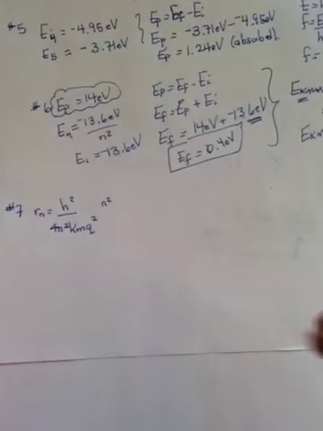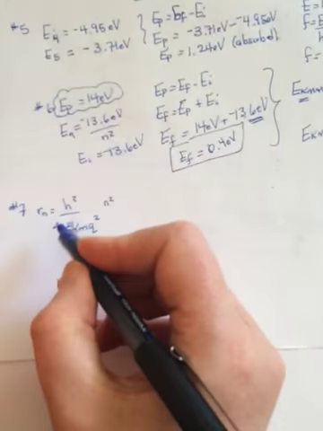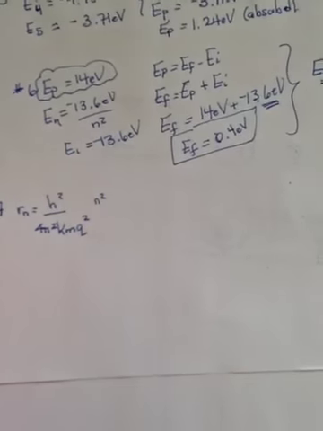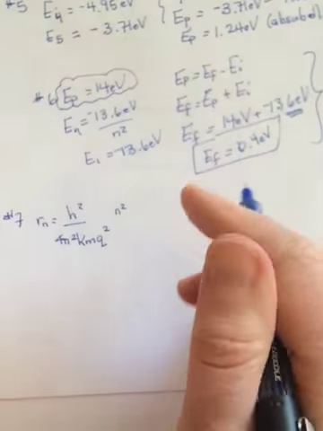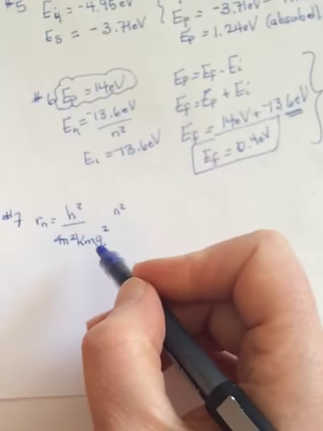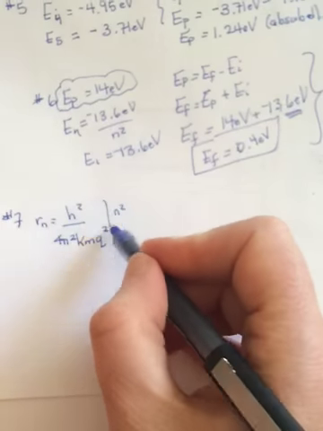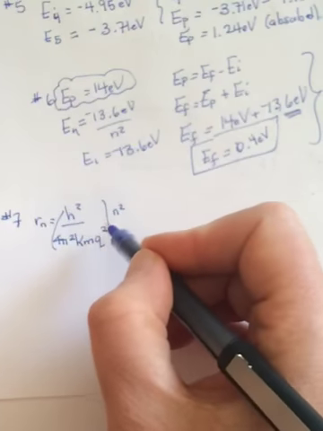So you're going to use Bohr's wonderful equation, En is equal to h squared over 4 pi squared k m q squared, and then all of this gets divided by n squared.